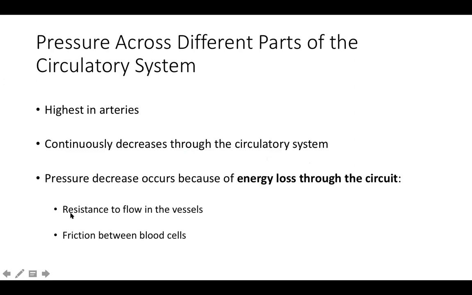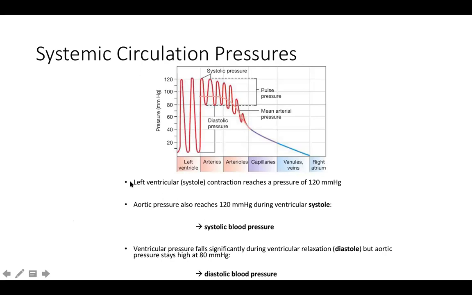So as the vessels get smaller and smaller, the ability to have blood flow through them goes down. Energy is also lost because as you're pushing the blood forward, blood cells are rubbing on each other. And that friction between them causes energy to be lost. So friction between the blood cells and the smaller diameter of the blood vessels causes there to be an energy loss and pressure to decrease.